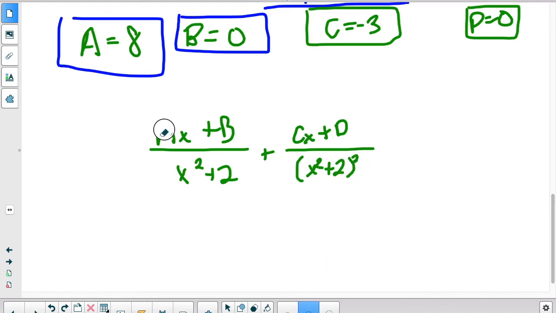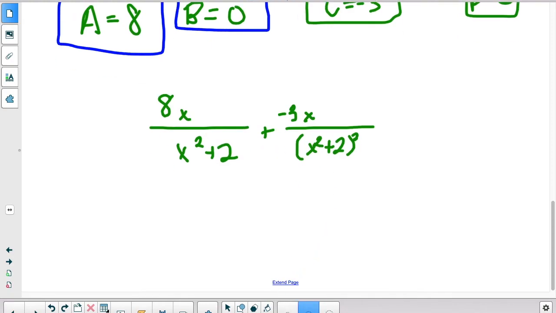Now we found the value of a is 8. And then we found the value of b is 0, so it's gone. Now the value of c we found to be -3, and the value of d was 0 as well. So we get this here.